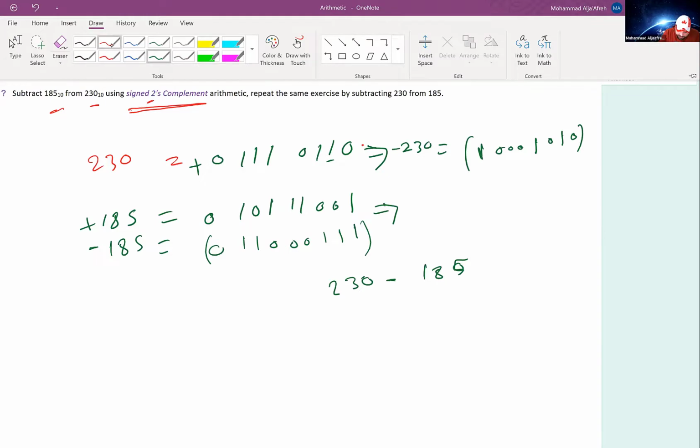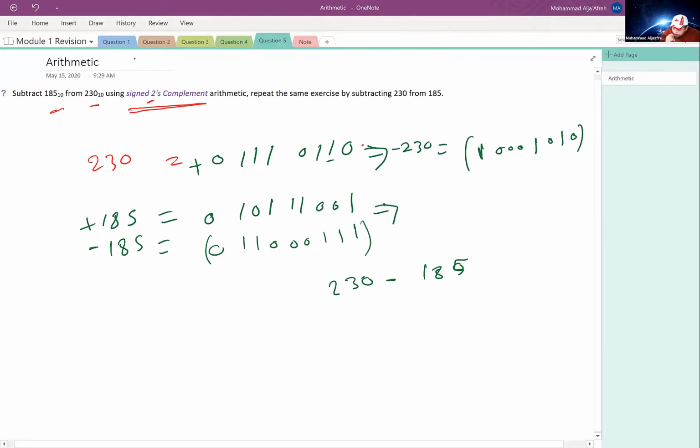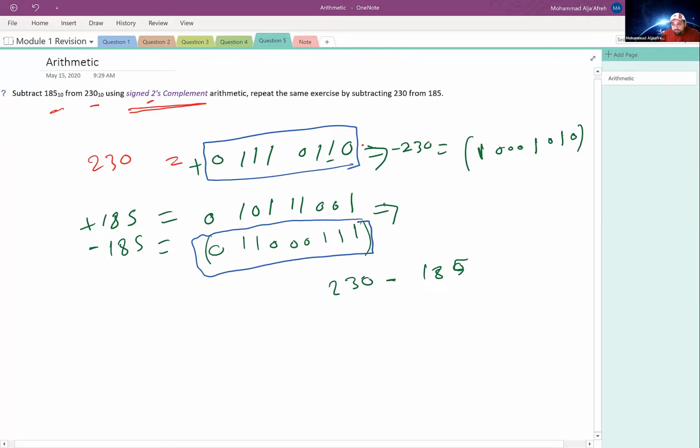This is in blue, okay? I should take the plus 230 here and then simply add it to the negative 185 here. That's it. Okay.